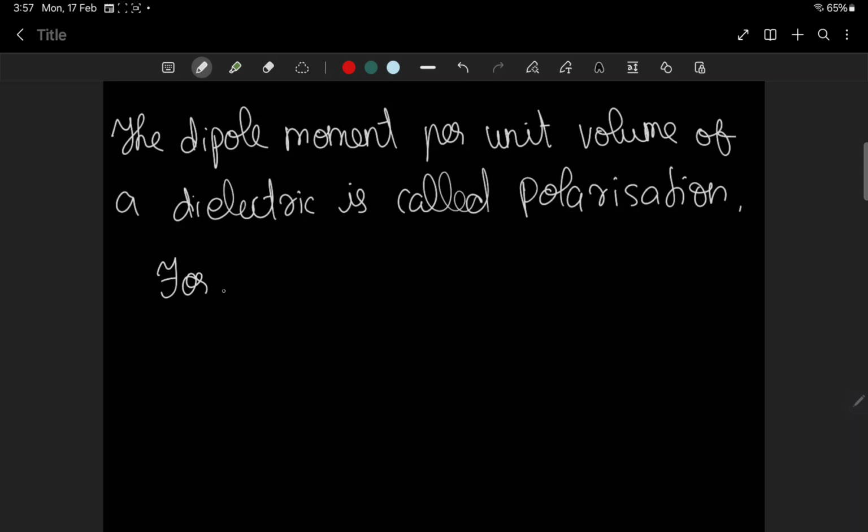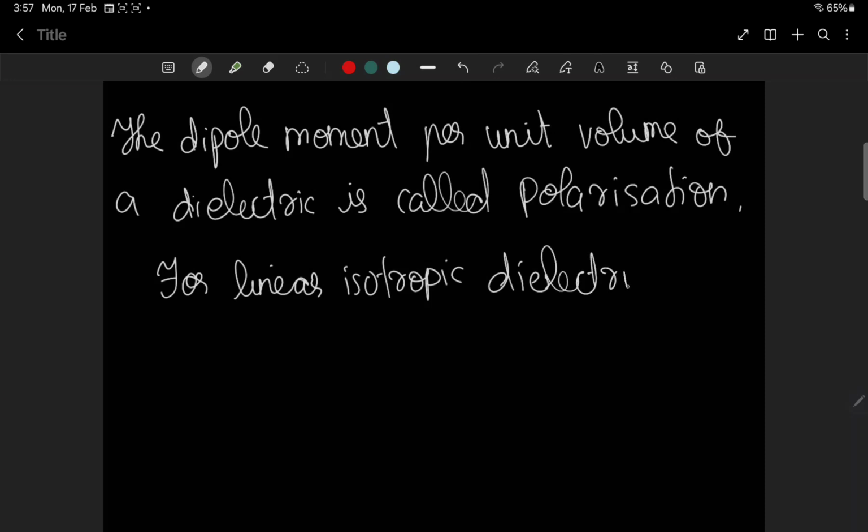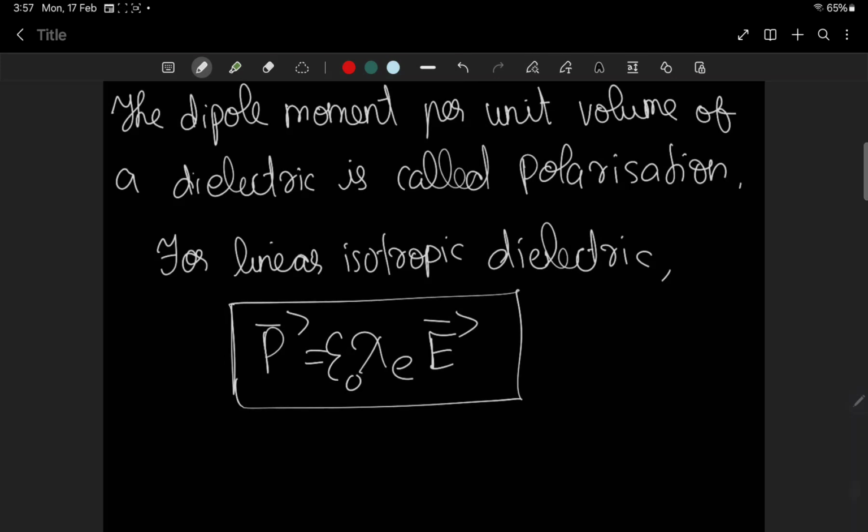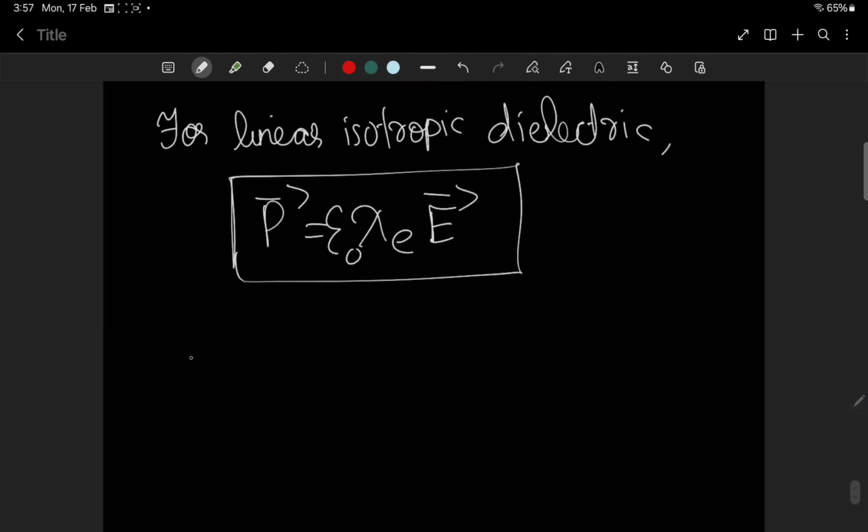So for a linear isotropic dielectric, we can write P is equal to epsilon naught chi E times E. What is this chi E?